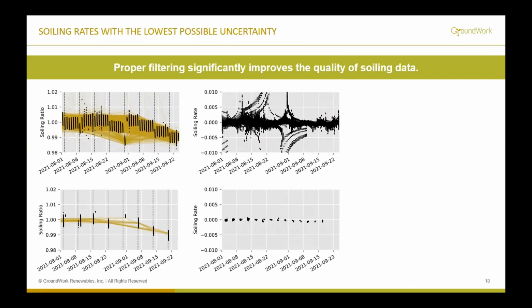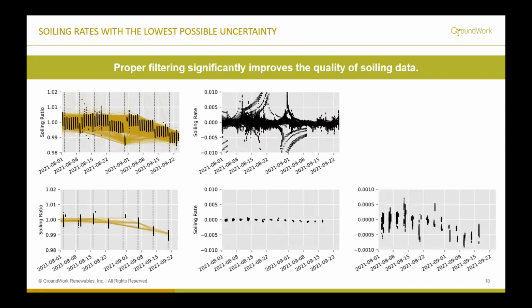I'm going to zoom in a little bit on that lower right-hand graph. If you zoom way in, you can see we still get a spread over the course of each of these days in the soiling rates, but that spread has been much reduced. And that spread, like I said, from top to bottom, gives you a sense of the uncertainty in that value that you've derived.